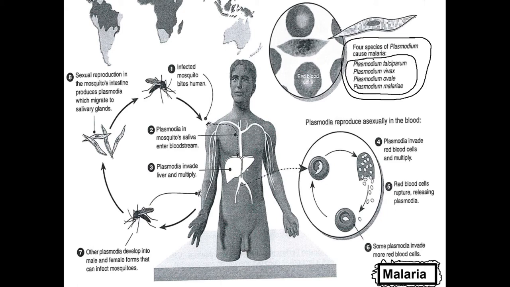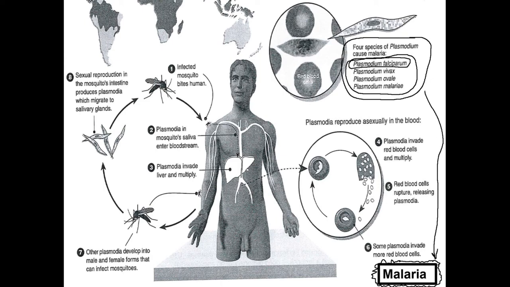Falciparum, according to the documents, is the most lethal and is the most prevalent amongst the population. So that's the pathogen. It's not a virus, not a bacteria, it's a plasmodium. And the disease that it causes is malaria.